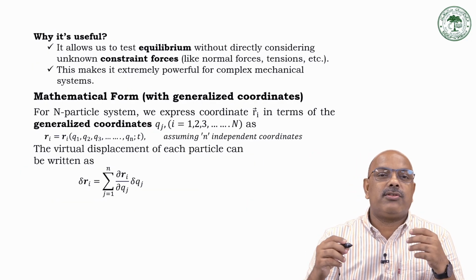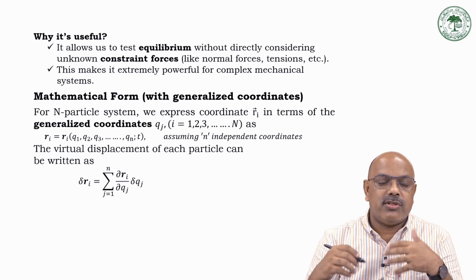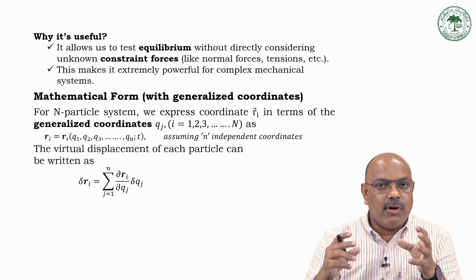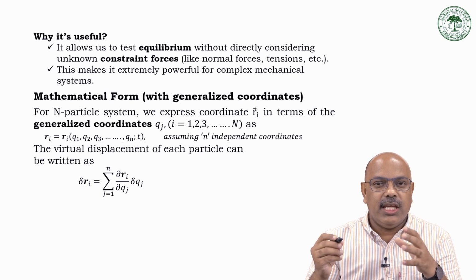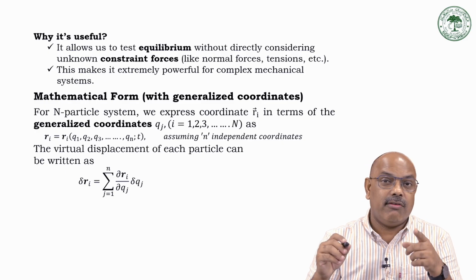What is the usefulness of this? The purpose of defining the principle of virtual work is that it gives you a tool to test the equilibrium, because we are talking about static equilibrium. The principle of virtual work is for a static equilibrium system.